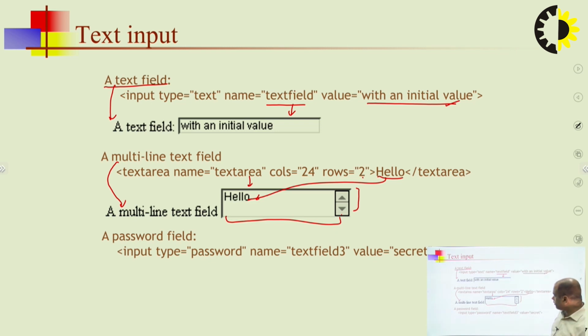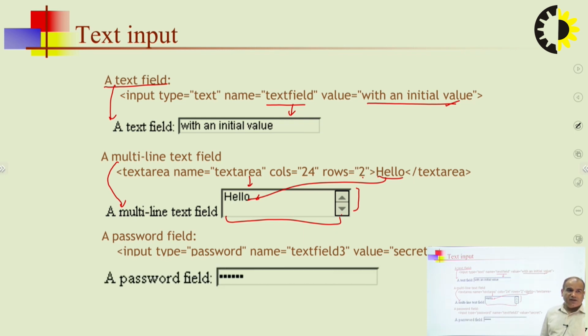Next, input type equal to password. Input type equal to password, name equal to textfield3, and value is secret. At the output, you will see the result: a text field with some encrypted value will appear.